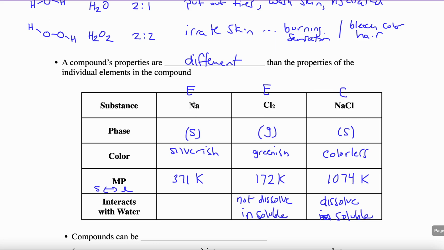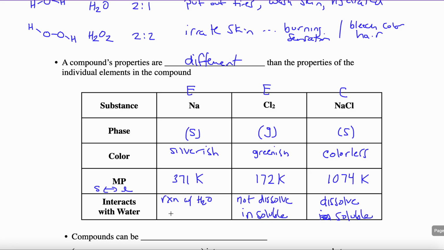Now, Na, this metal has a very unique relationship with water. When you put it into water, it actually goes through a chemical reaction and it reacts with water. So I'm going to put RXN, so reaction with water, and it's super cool. The Na, when you put a little pellet of it in water, it zooms around the surface and you hear a sizzling sound.